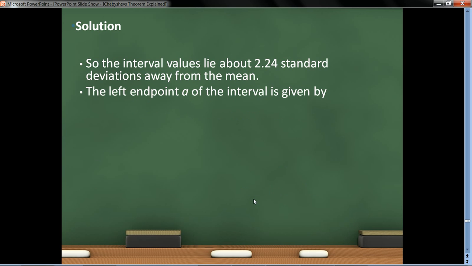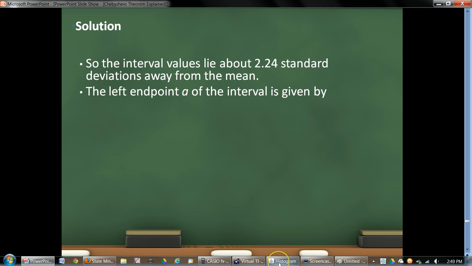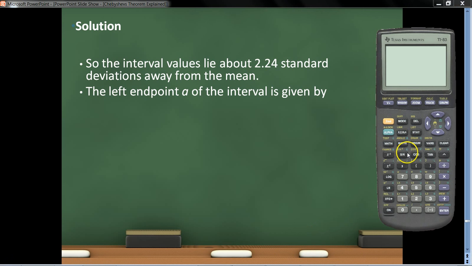Now let's find the left endpoint. We want to take the mean, 5.4, and then subtract the number of standard deviations, 2.24, that's K, multiplied by the standard deviation of 1.8.